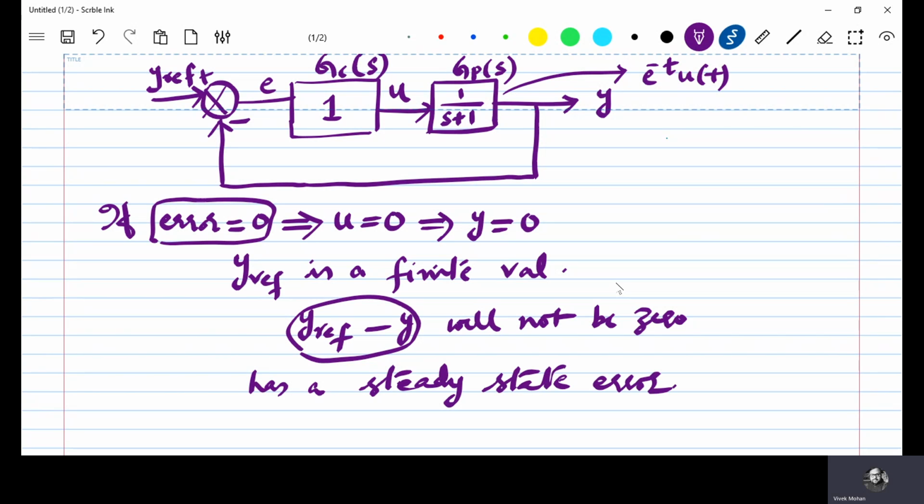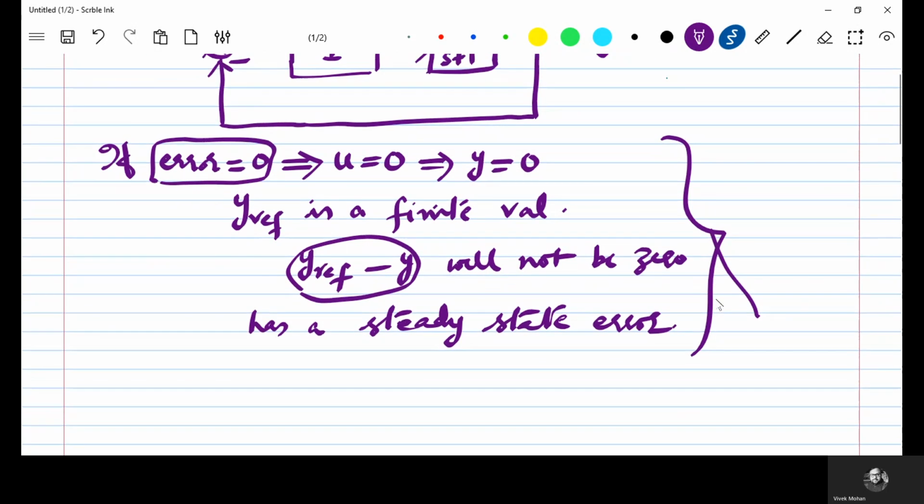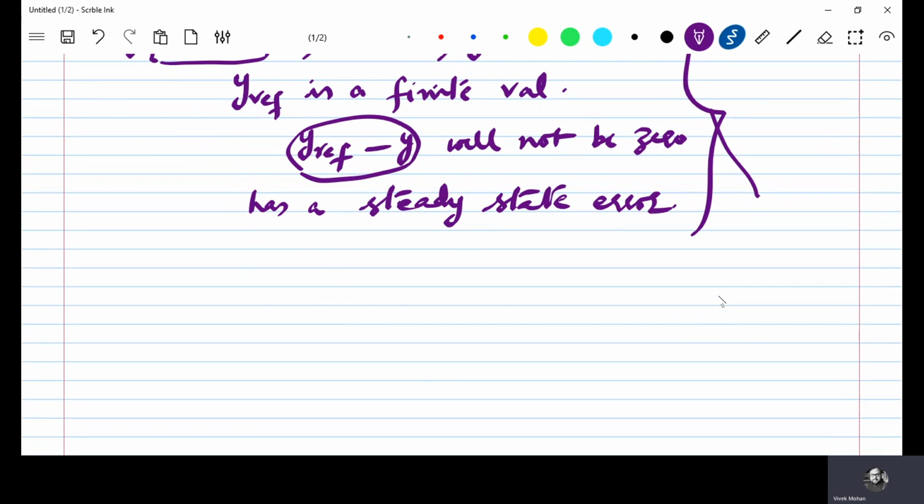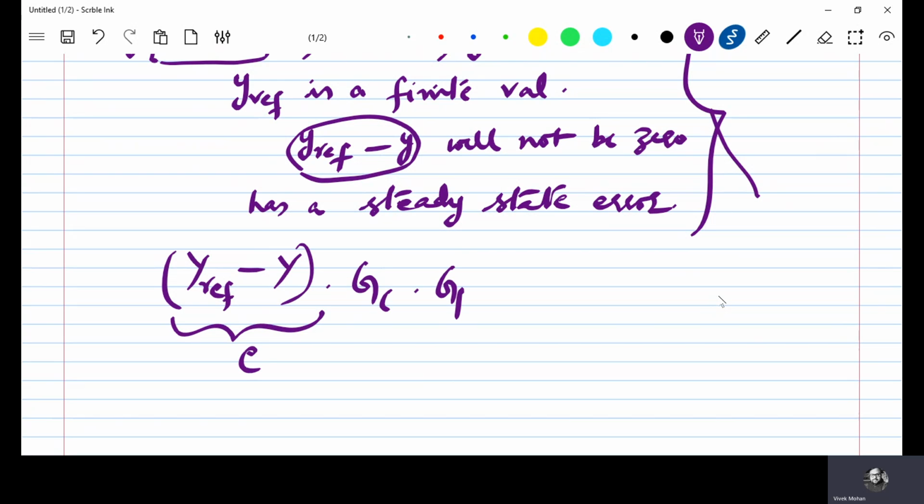Okay. Now yref minus y, let us go to the S domain. Yref minus y, this is the error, right, into GC, the controller transfer function, GP, the plant transfer function. This is equal to y, output y, right? What is GC into GP? 1 into 1 by S plus 1.